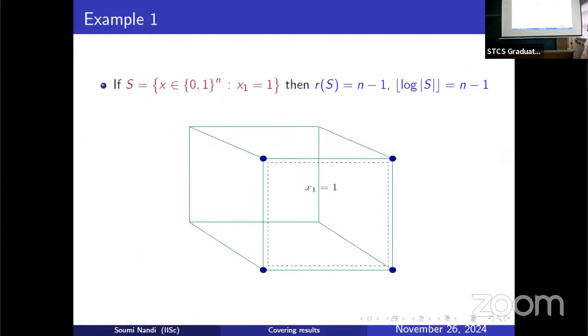And if we take the points which have x1 equal to 1, all these points, then this subset has index complexity exactly n minus 1.